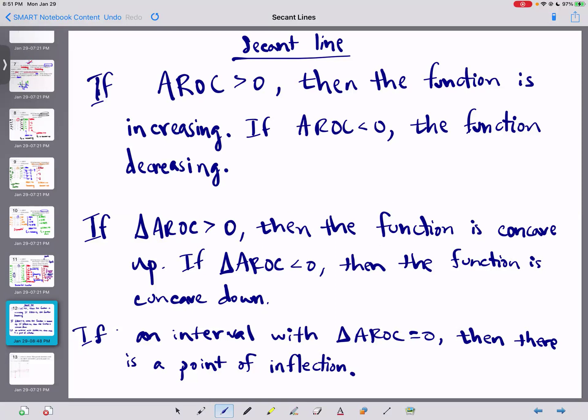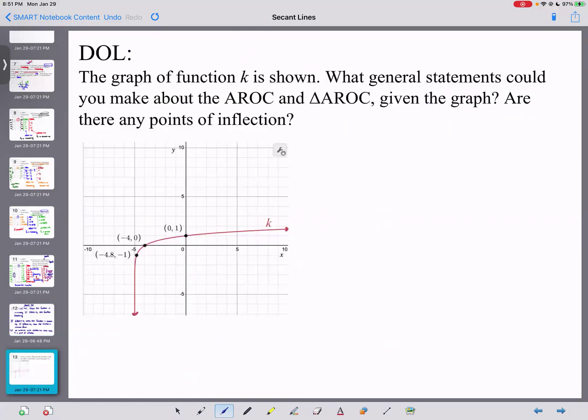Okay, so Olivia here, I've got one for you. If you want your bonus, I need you to fill out this problem. Once you're done, you can snap a picture of it, send it to me through Remind. From there, you'll earn your points. So the function of k is shown.